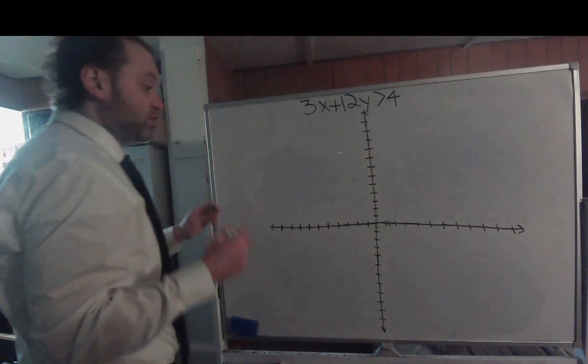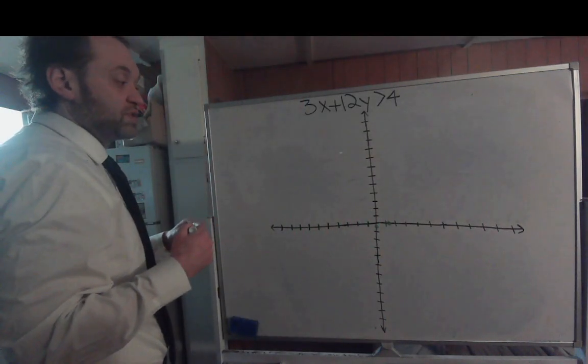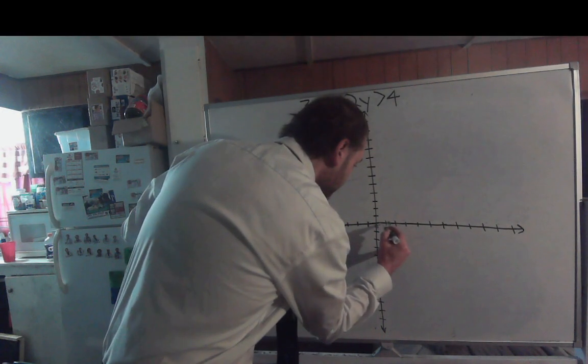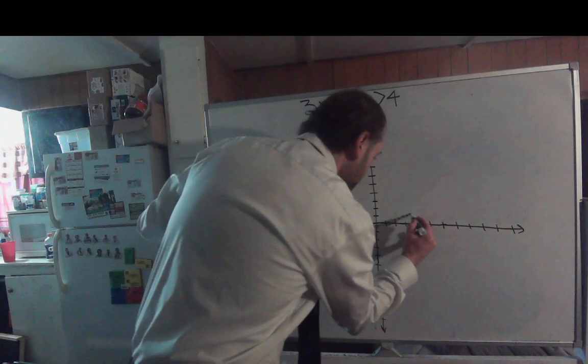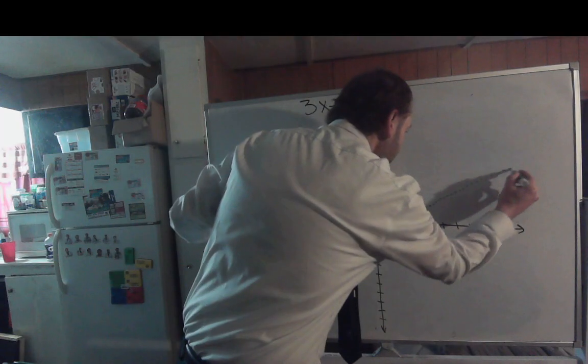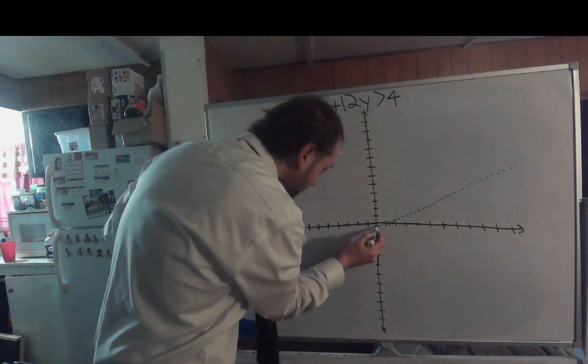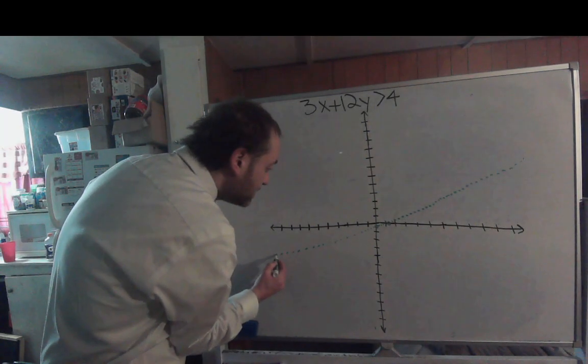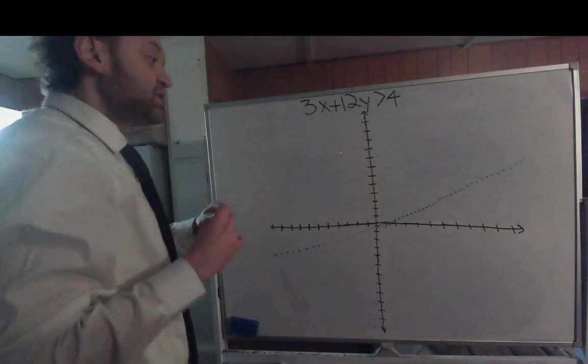Draw an open circle there to denote that that's not part of the solution. Go ahead and graph your dotted line through those points. Alright, so there's the dotted line.